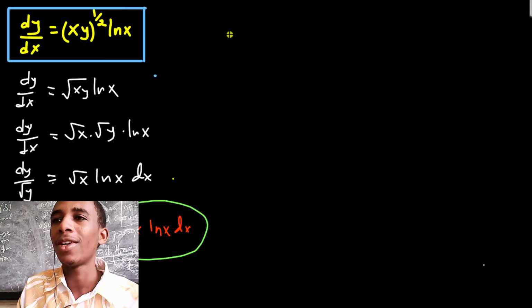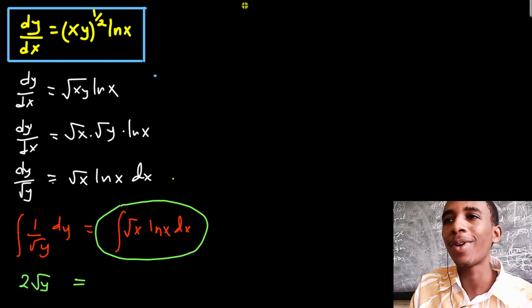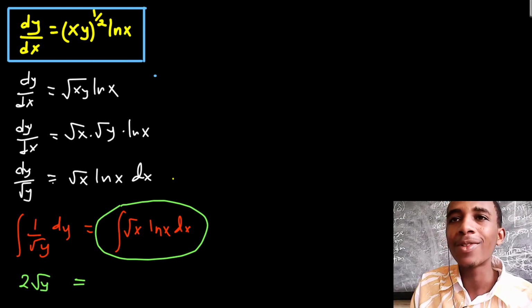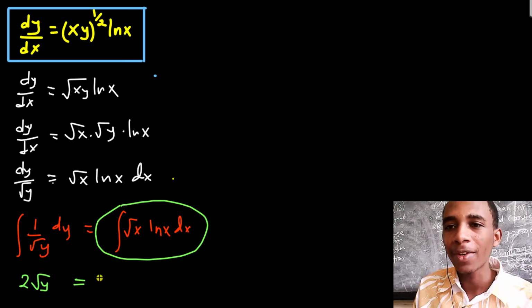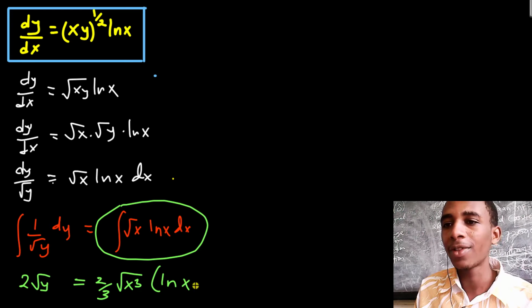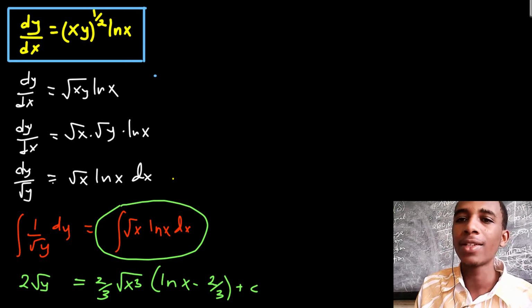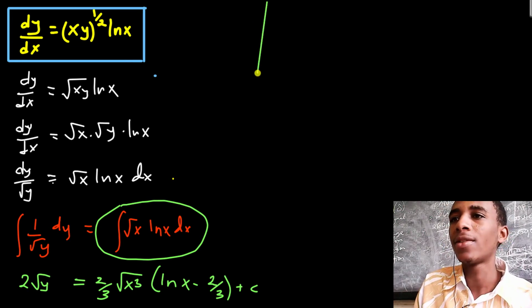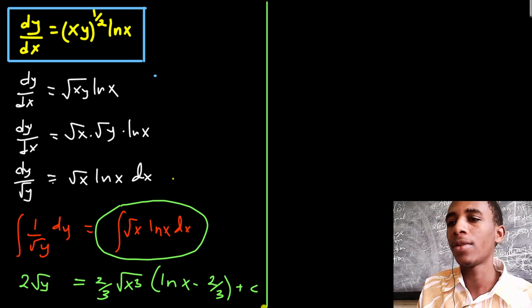So we have 2/3 the square root of x cubed, then in brackets the natural log of x minus 2 over 3, plus a constant. All right, so there we go.